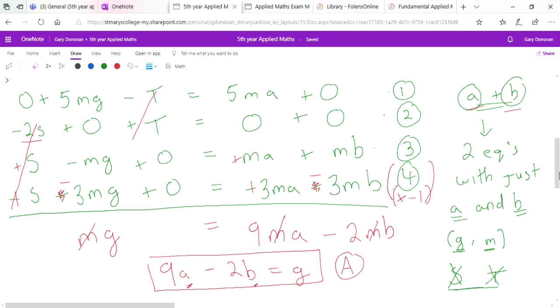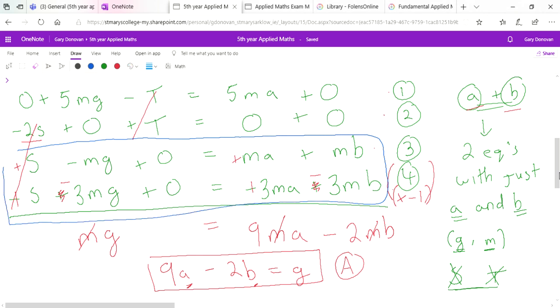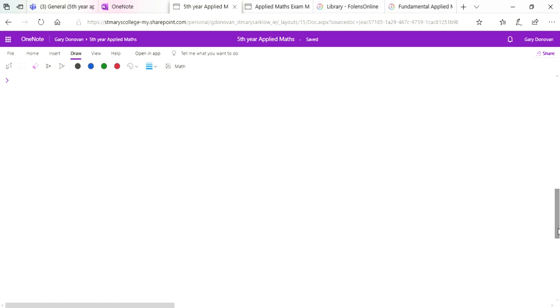We just want to get rid of another variable. So I'm just going to look at 3 and 4 here. And if we look at 3 and 4 in their original form, I'll write them out again for us underneath. Equation 3 was s minus mg equals ma plus mb. That was equation 3.